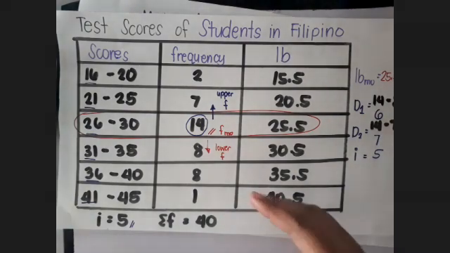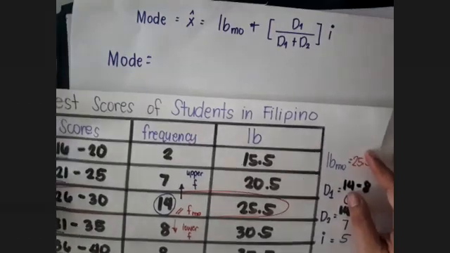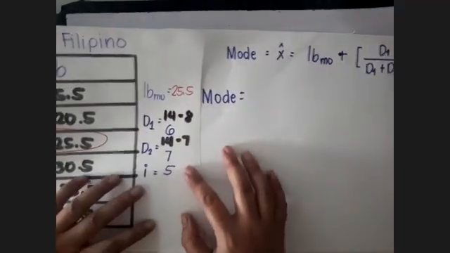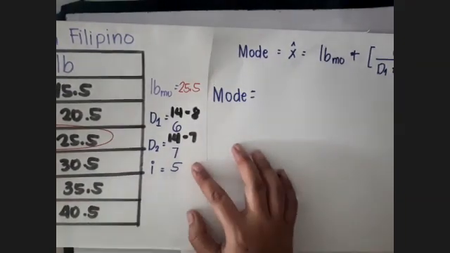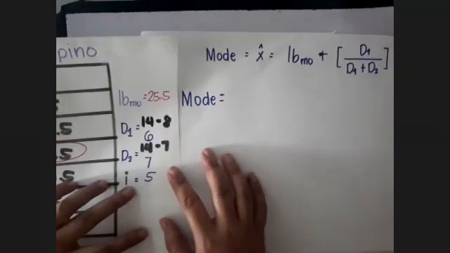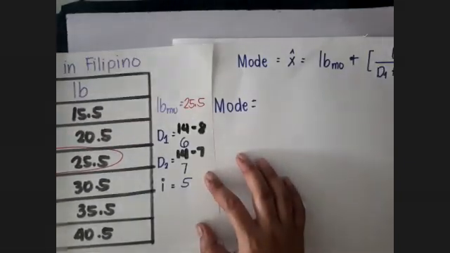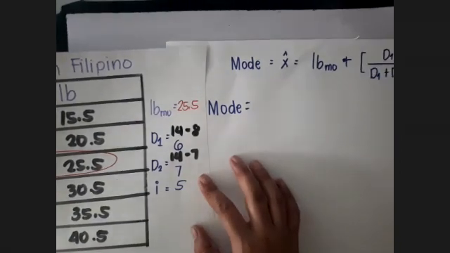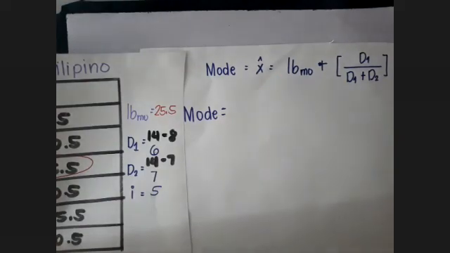Now, let's proceed with our formula. So this one, tignan natin. So here we have the values of the mode. Now, it's time for us to substitute, mga anak. Let's substitute. So, x up. Substitute na natin.